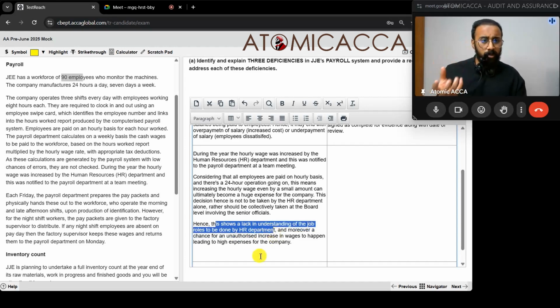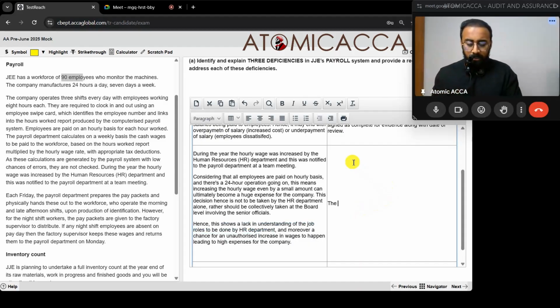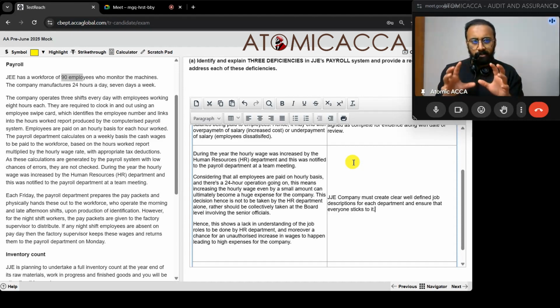So there should be proper job descriptions mentioned for each department, so everyone knows that. The company must create clear, well-defined job descriptions for each department and ensure that everyone sticks to it. So job segregation and descriptions are fine.